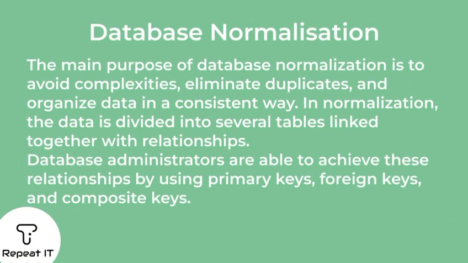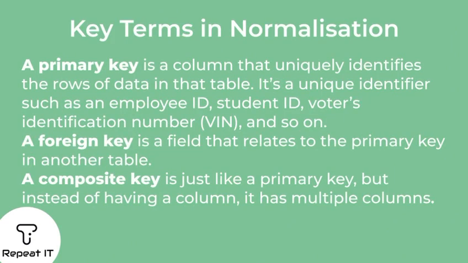In normalization, the data is divided into several tables linked together with relationships. Database administrators are able to achieve these relationships by using primary keys, foreign keys, and composite keys. A primary key is a column that uniquely identifies the rows of data in that table.